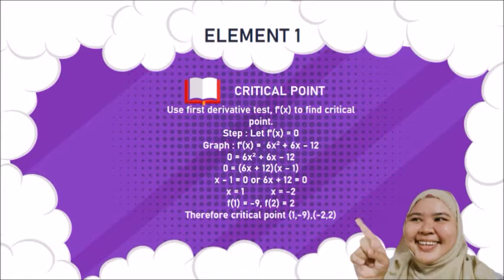Put the values of x, which are 1 and negative 2, into the equation f(x) equals 2x cubed plus 3x squared minus 12x minus 2. So we get that the value of f(1) equals negative 9 and f(-2) equals 18. Our critical points are (1, -9) and (-2, 18).